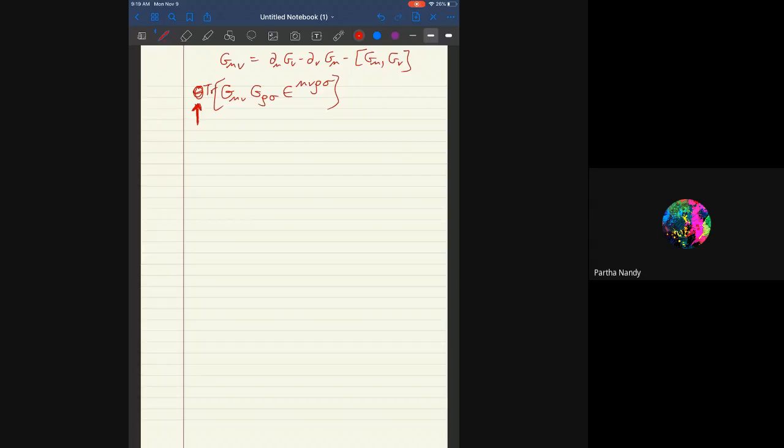So the experimental upper bound on the neutron's electric dipole moment implies an upper bound on this dimensionless coefficient theta: theta has to be less than about 10 to the minus 9. And that's a puzzle. Why is this coefficient so small, or maybe zero? That's called the strong CP problem.